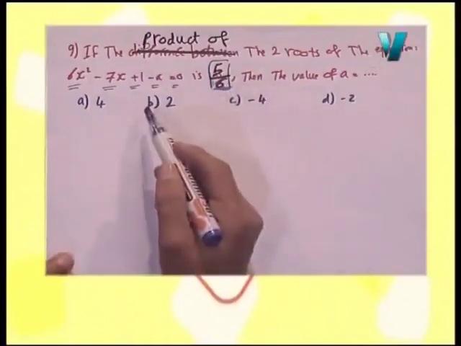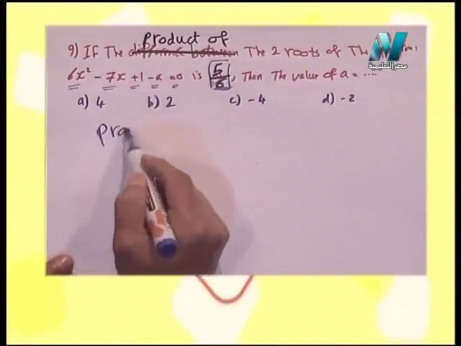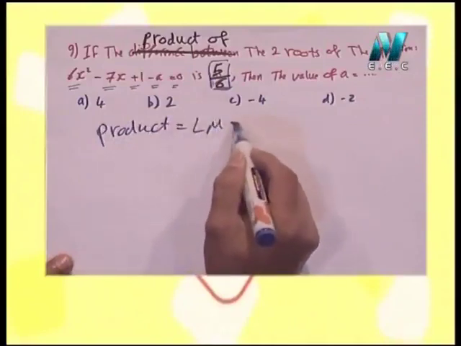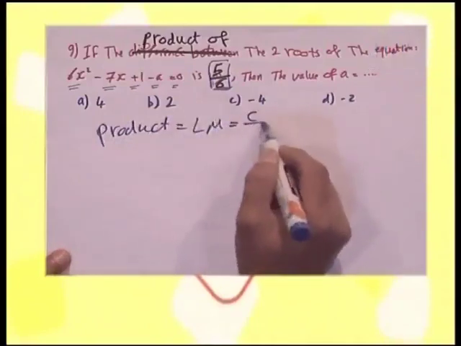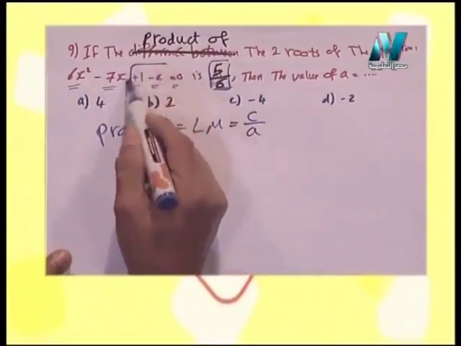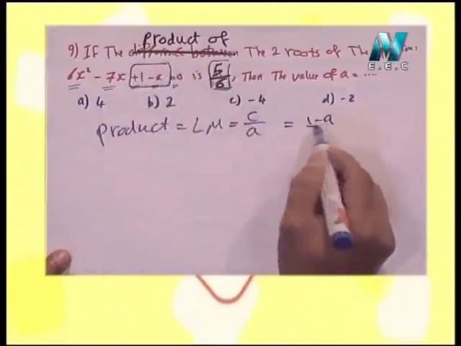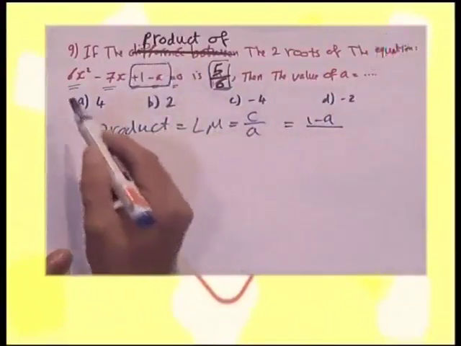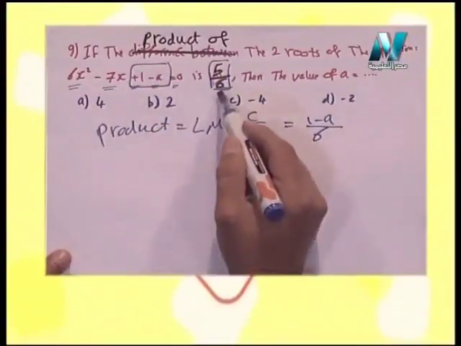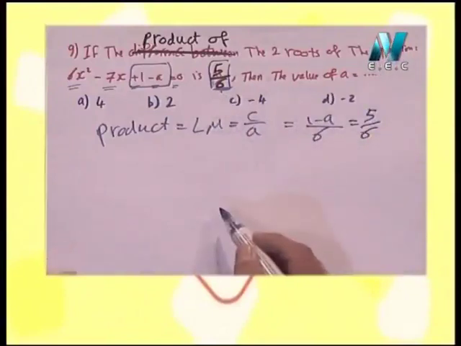The product of the two roots, which is LM, equals C over A. Where is C in this equation? It will be 1 minus A over A, which is 6, equals the number 5 over 6. Okay?